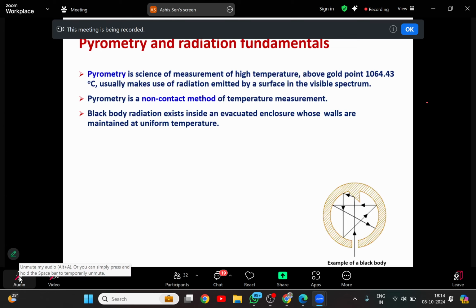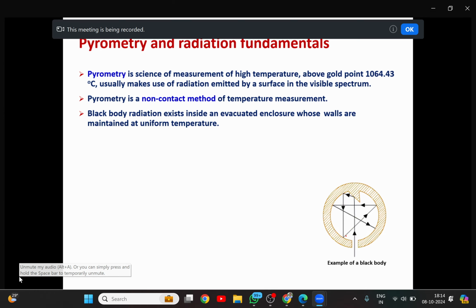So a cavity of this kind, where the internal surface temperature is constant throughout the internal surface, can be considered as a black body.